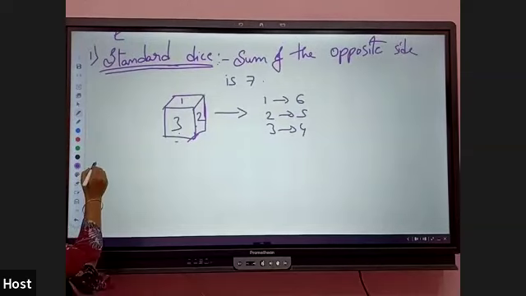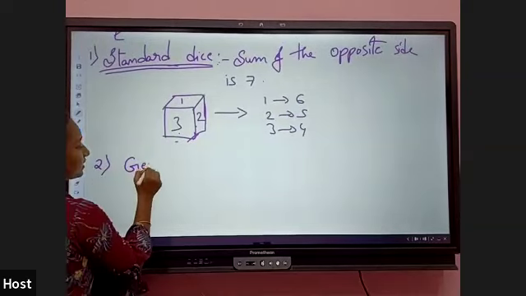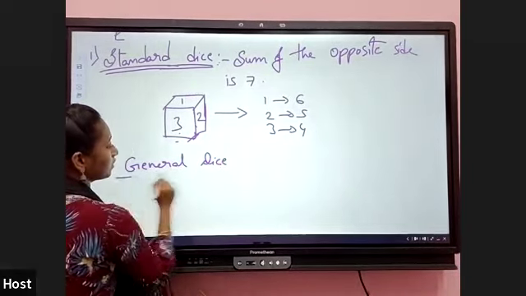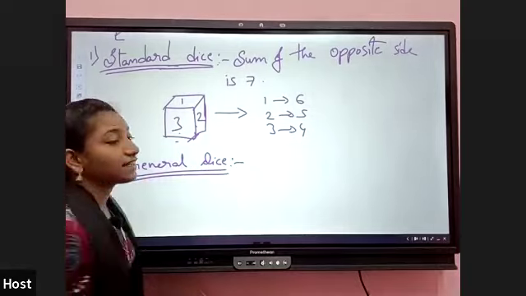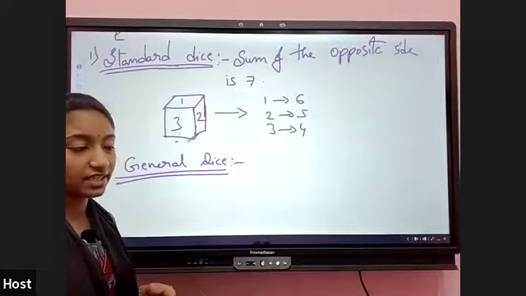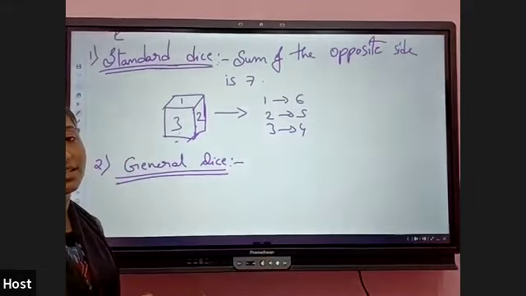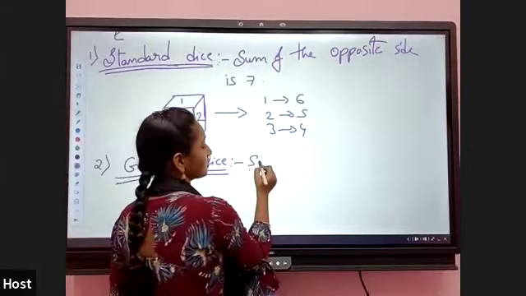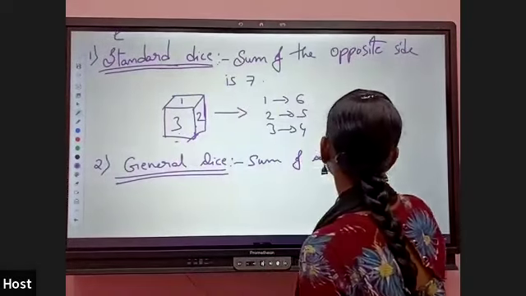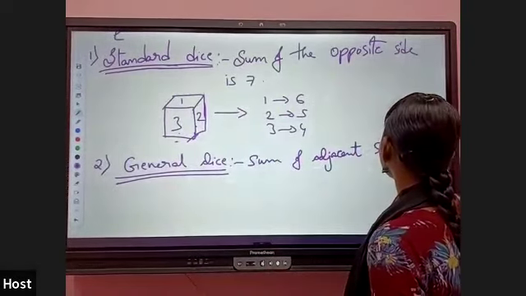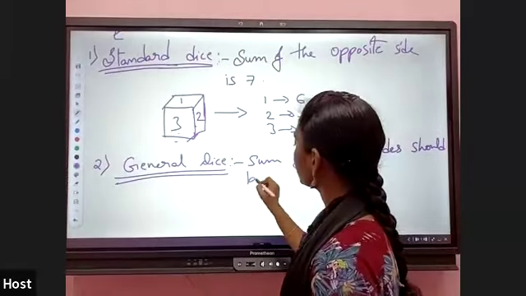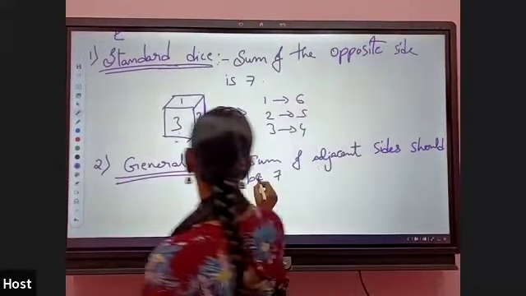And there is another one, called the general dice. How do we identify the general dice? When you observe the dice, the sum of the adjacent sides should be 7.